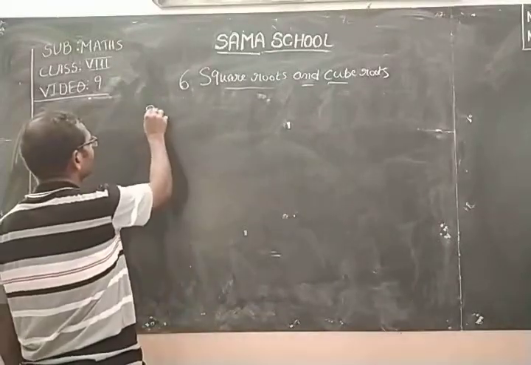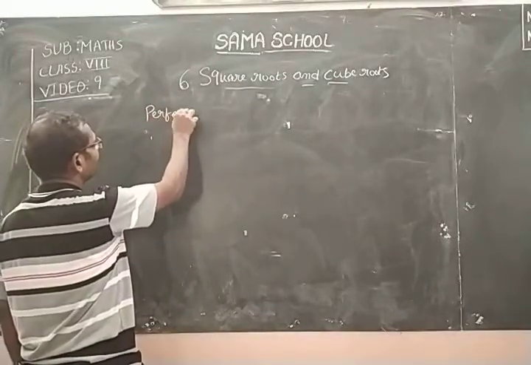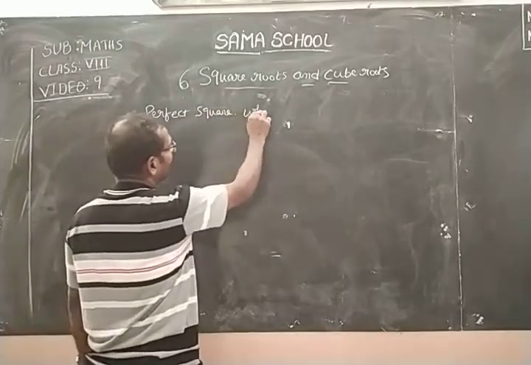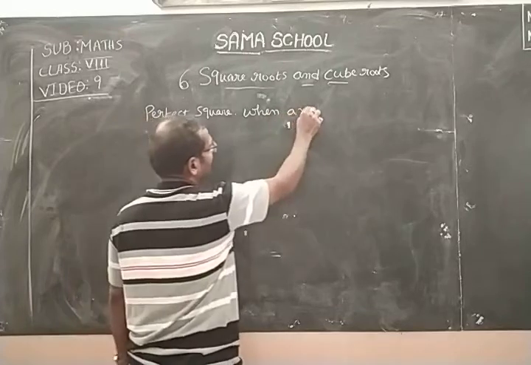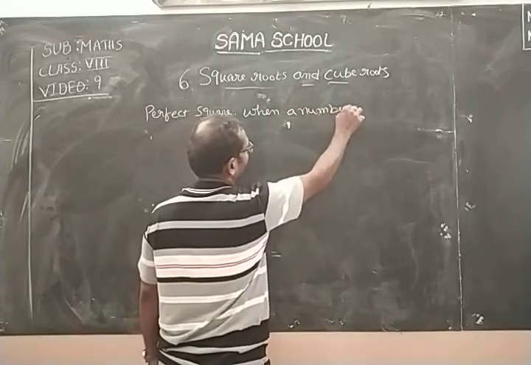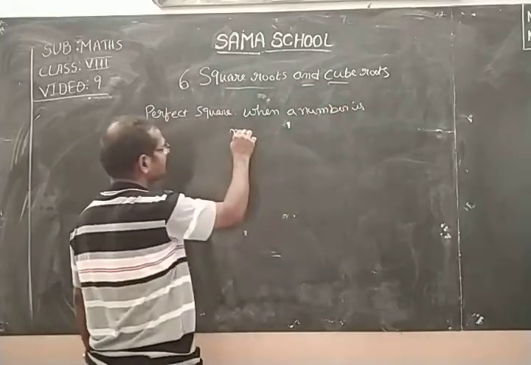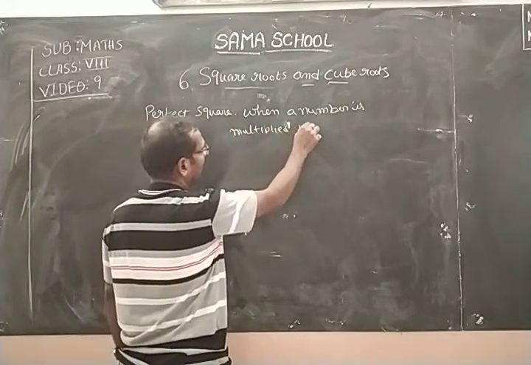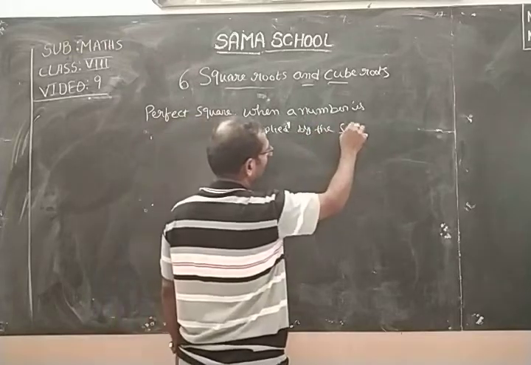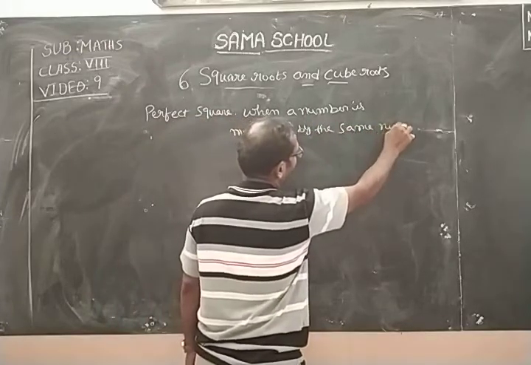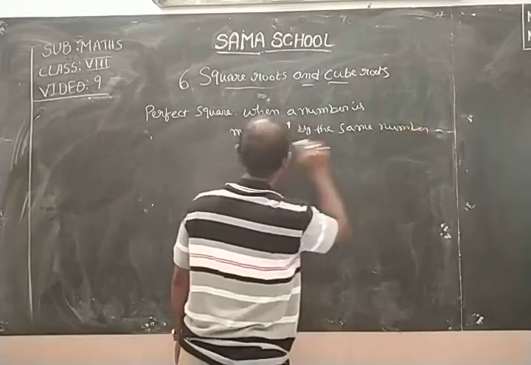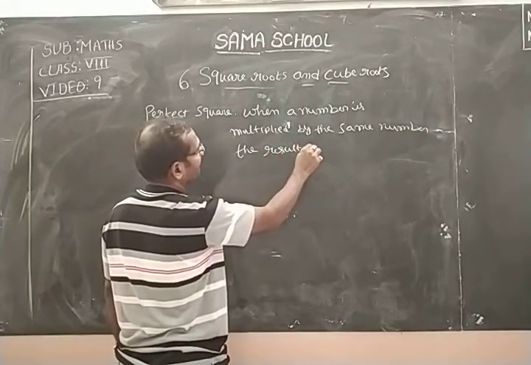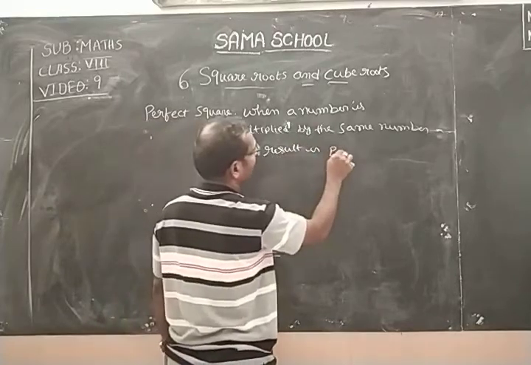Perfect square: when a number is multiplied by the same number, the result is a perfect square.